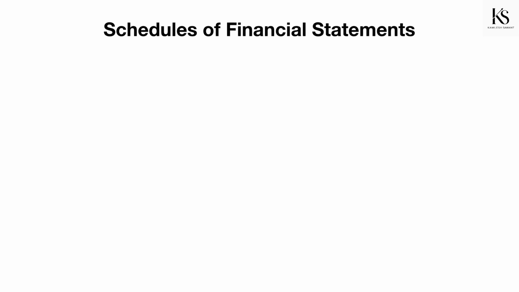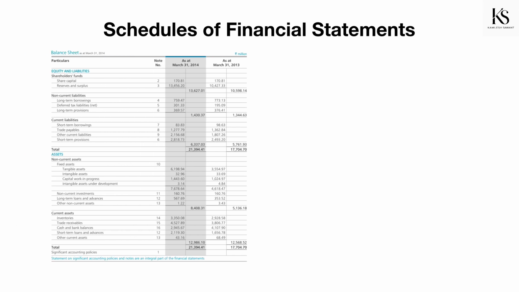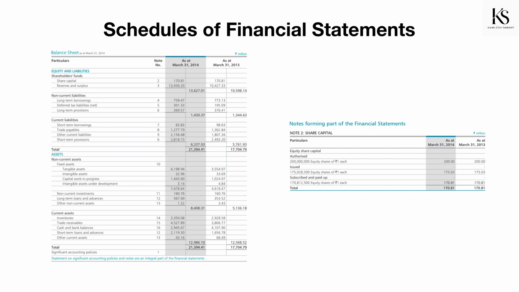Schedules of financial statements. When the company reports its financial statements, they usually report the full statement in the beginning and then follow it up with a detailed explanation. Have a look at the snapshot of one of ARBL's financial statements, that is, the balance sheet.